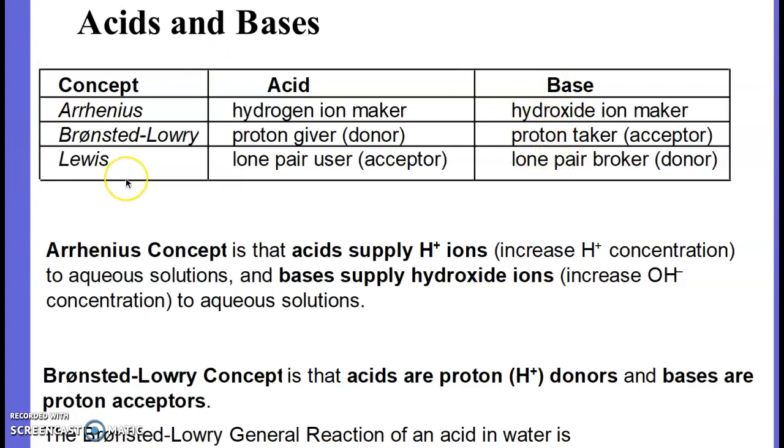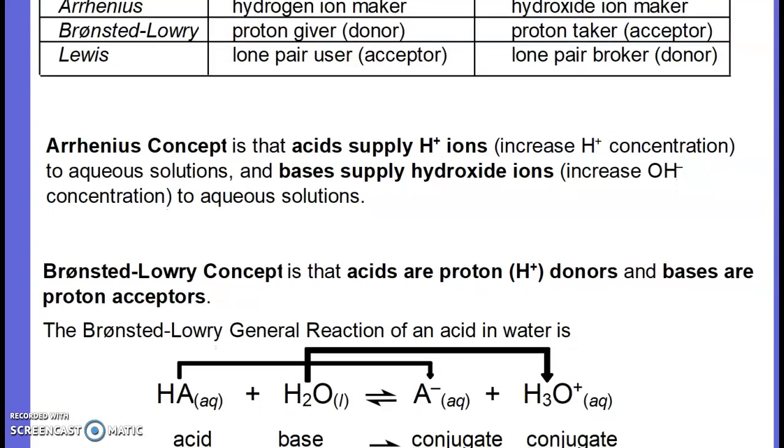And then you have the Lewis definition, which gets into bases that don't have hydroxide, which do exist. So you can read about these. I'm not too concerned about memorizing these definitions, but look at them a little bit here.